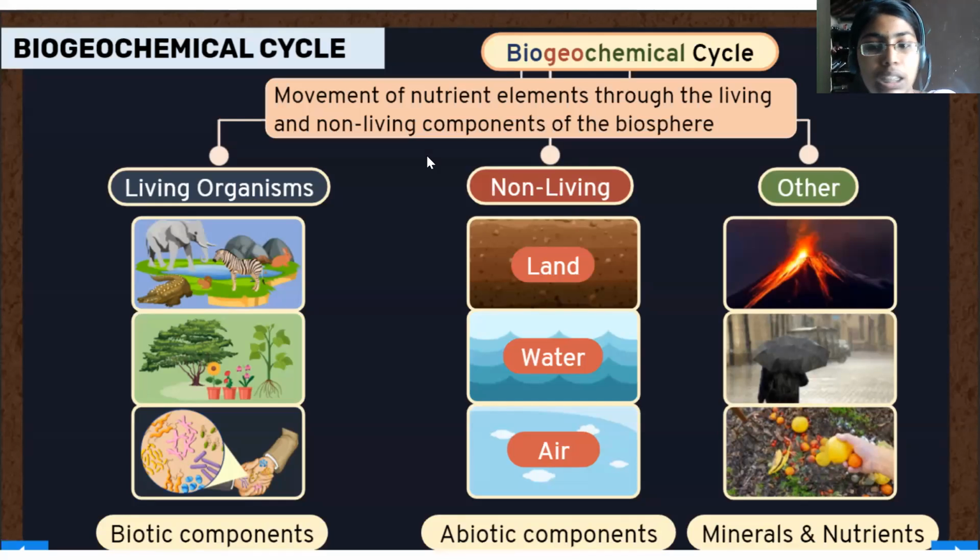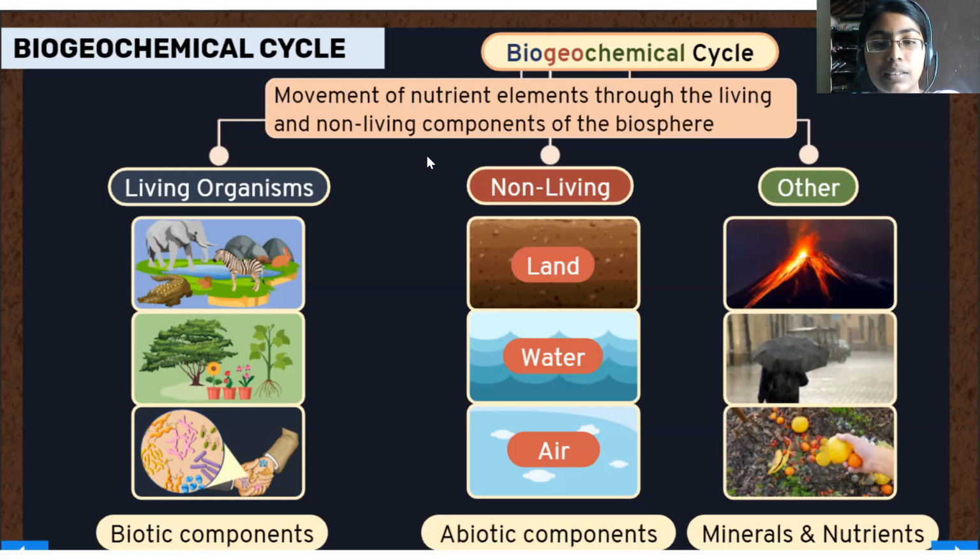We call them the abiotic components. Land, water, air, like rain, humidity, temperature, are all abiotic components. And other components like chemicals, in the sense of minerals and vitamins, like carbon, oxygen, nitrogen, calcium, all come under the other category. That is the chemical cycle.